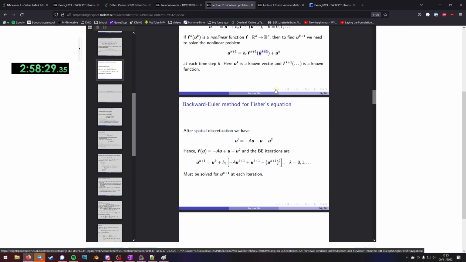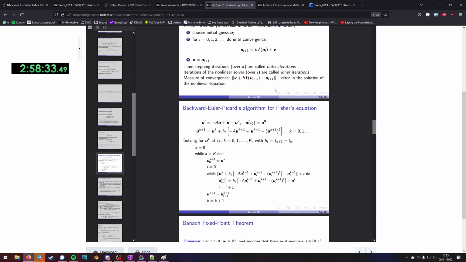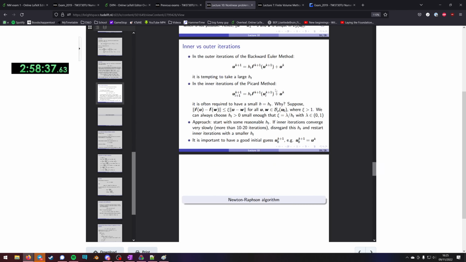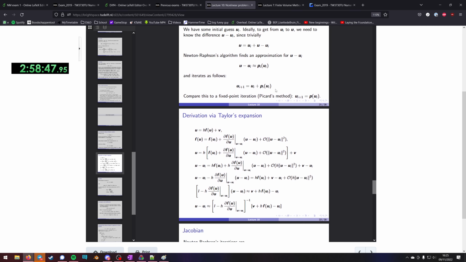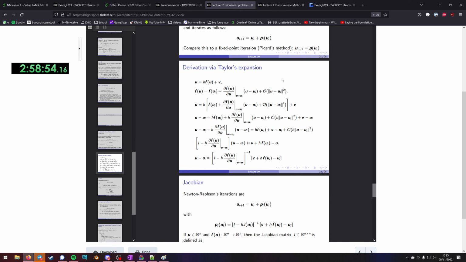So here you can see how they do that by Picard.